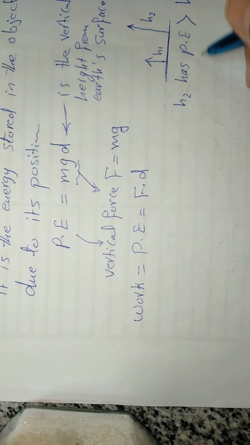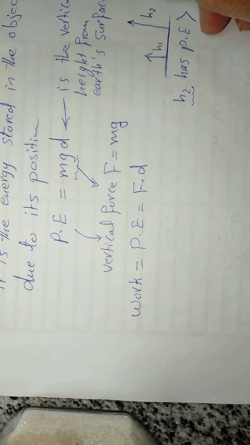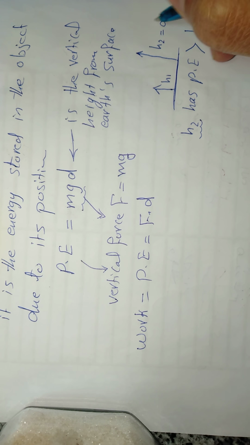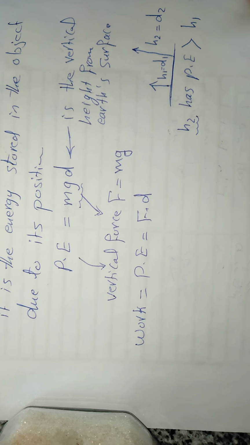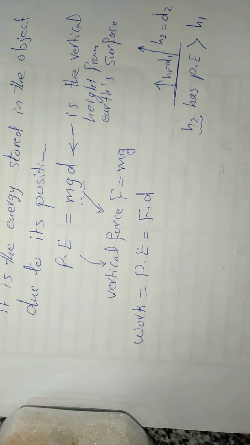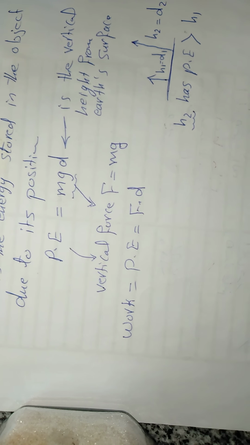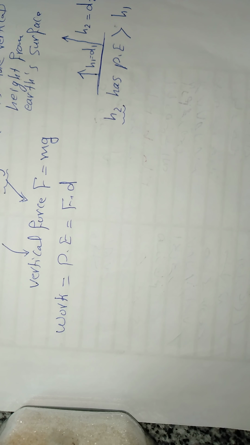Why? Because height is the displacement, so h2 is d2 and h1 is d1, and the potential energy in the second case is greater than in the first case.